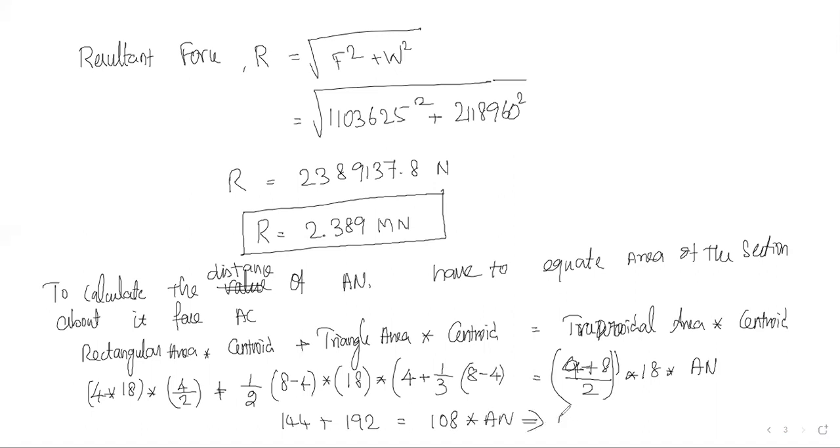Which implies an is equal to 144 plus 192 divided by 108. It becomes 3.11 meter. So the distance an is equal to 3.11 meters.